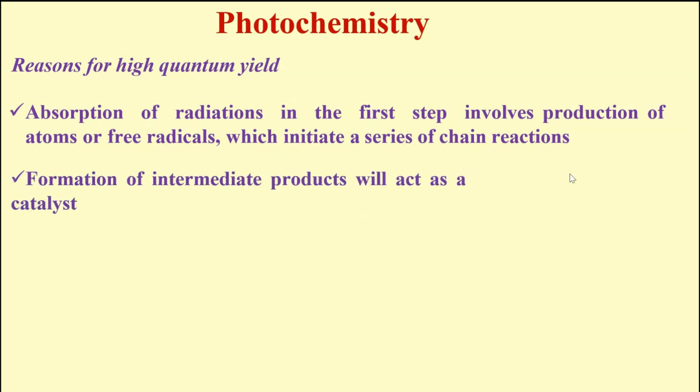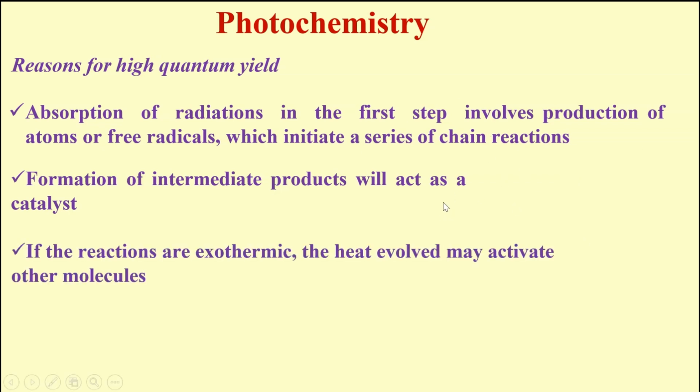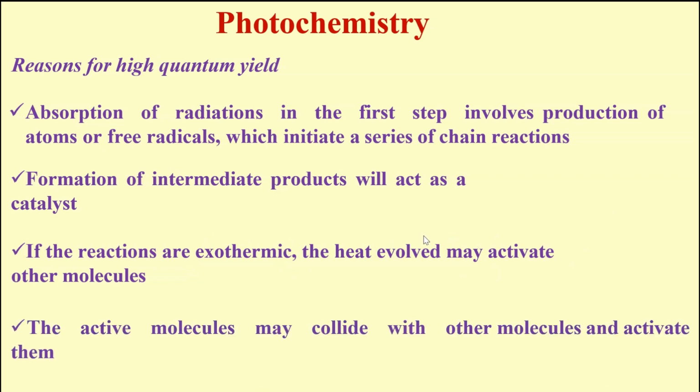The intermediates which are formed can act as a catalyst, and if the reactions are exothermic, the heat energy produced can also activate other molecules and add to the rate of the reaction and also to the quantum yield. The active molecules can collide with each other and get activated further. These are all the factors which give rise to the higher quantum yield.